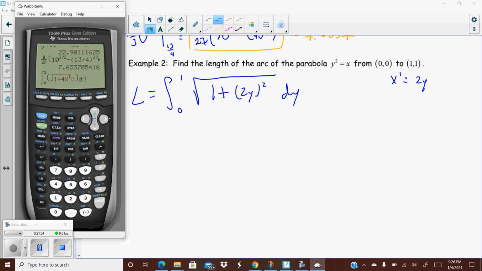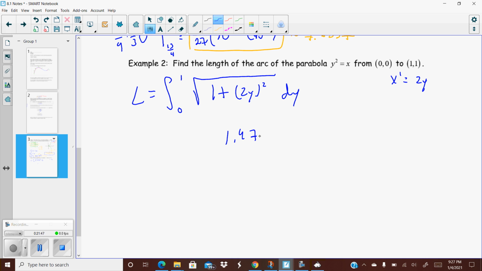Remember, it can be x, it does not have to be y. You don't have to type in a y. It's just a variable. And we get the arc length 1.4789 approximately. And that's it.